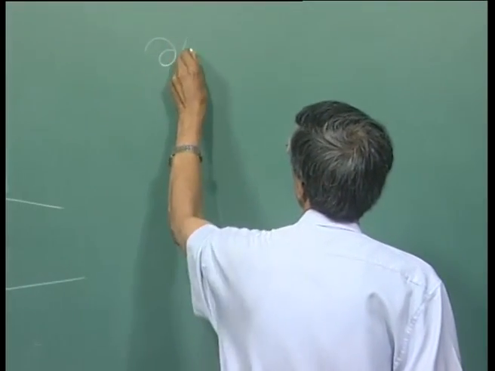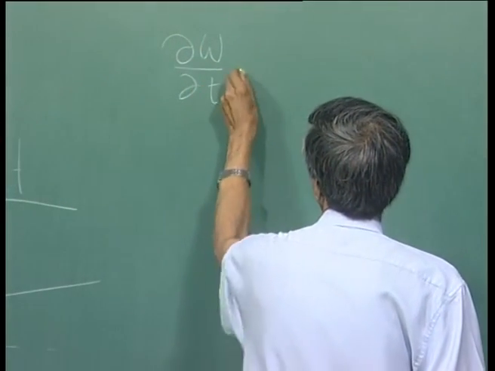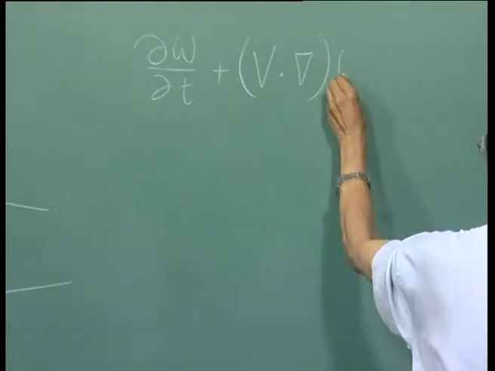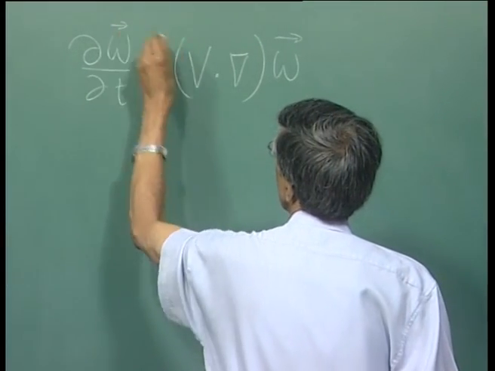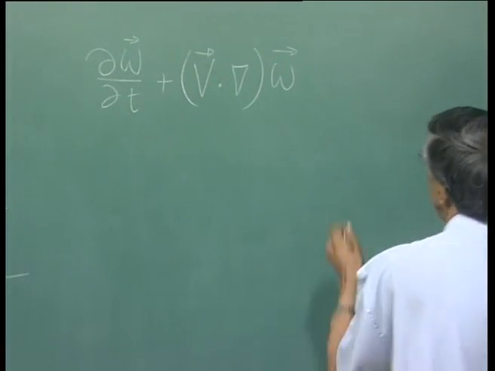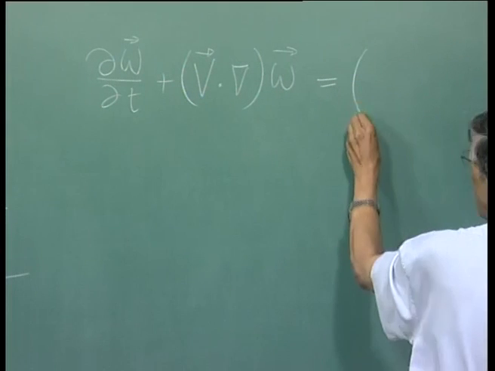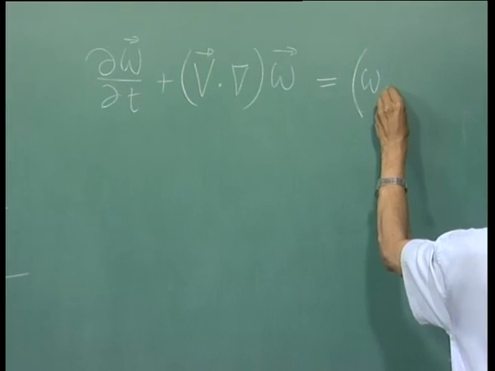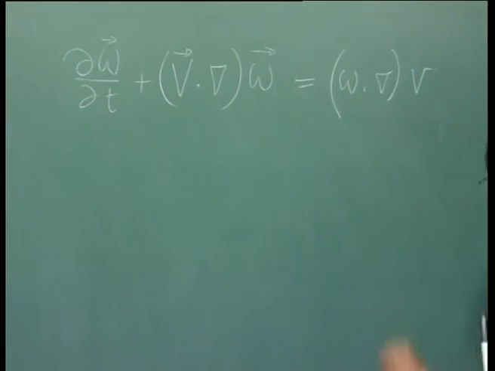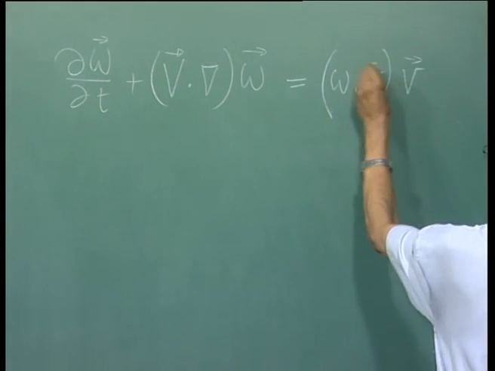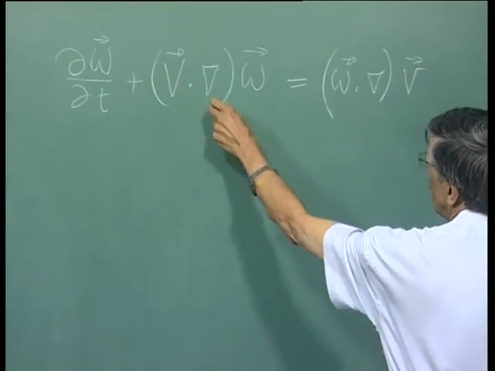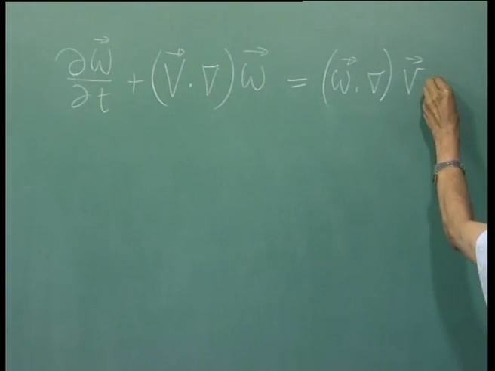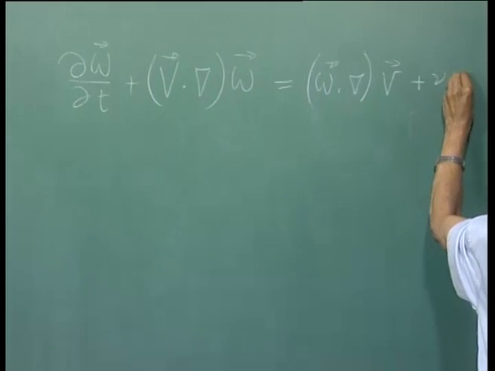We have this term plus V dot del of the vorticity, and on this side we have the vortex stretching term, omega dot del V. If we are talking about 2D, of course, this operator itself is 0 and it does not make sense.